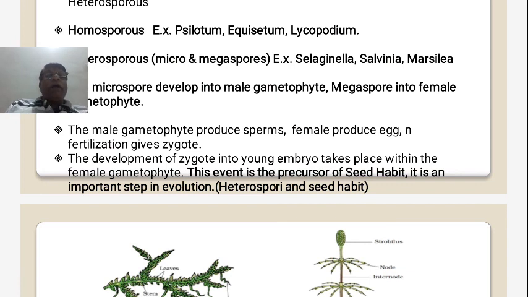Okay. It means in the life cycle, sporophyte produces gametophyte, gametophyte produces sporophyte alternately. That is what we call alternation of generations.